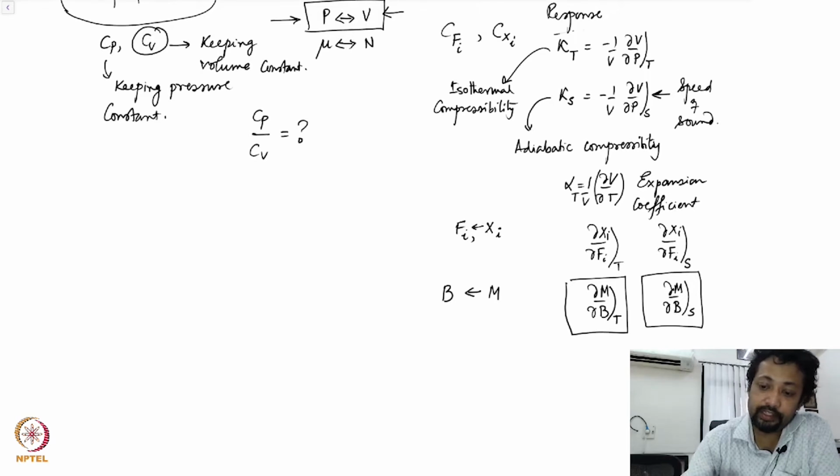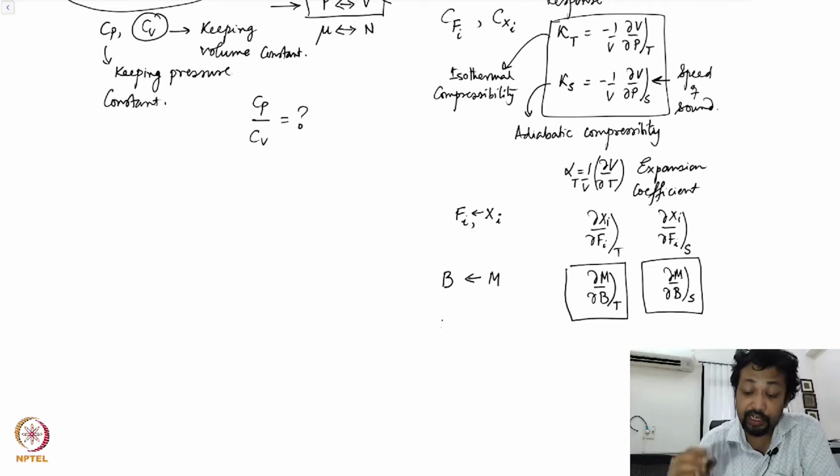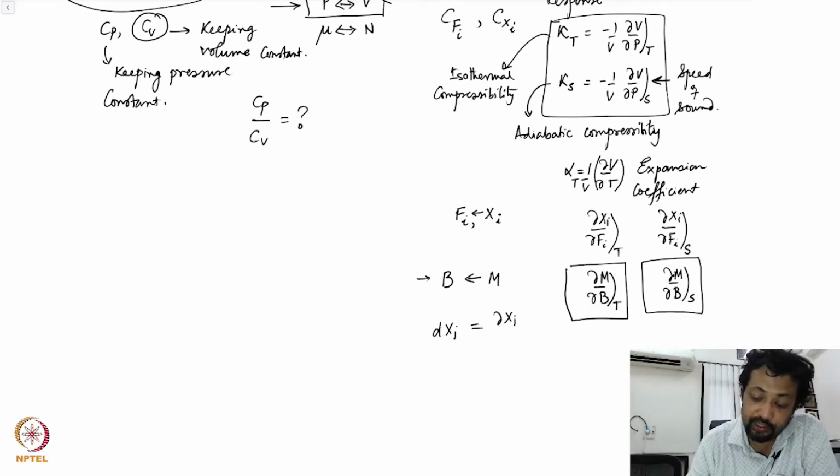So for a hydrostatic system, these are essentially susceptibilities. How does your generalized coordinate behave if you change your generalized force? So if you want to write down dxi for any isothermal process, for any arbitrary system, how your generalized coordinate has changed, then you write it as del xi del Fi, temperature fixed, dFi.